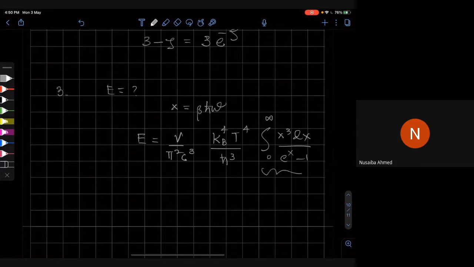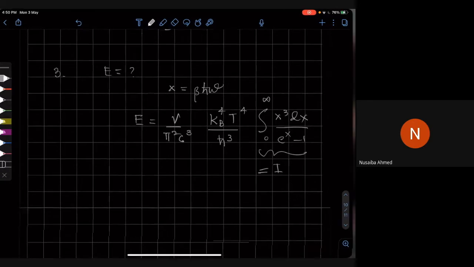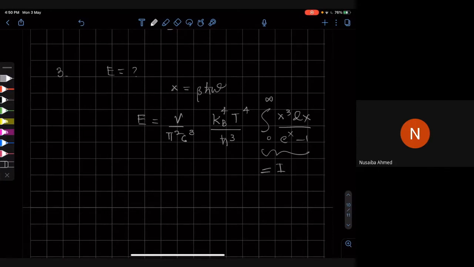You can call this integral I. I think you need to use some zeta function technique, or you can just look up the integral. I'm not going to bother, but it's pi to the power 4 over 15.